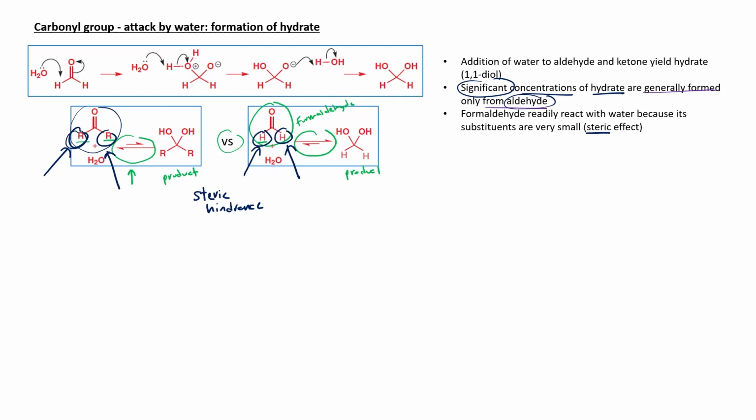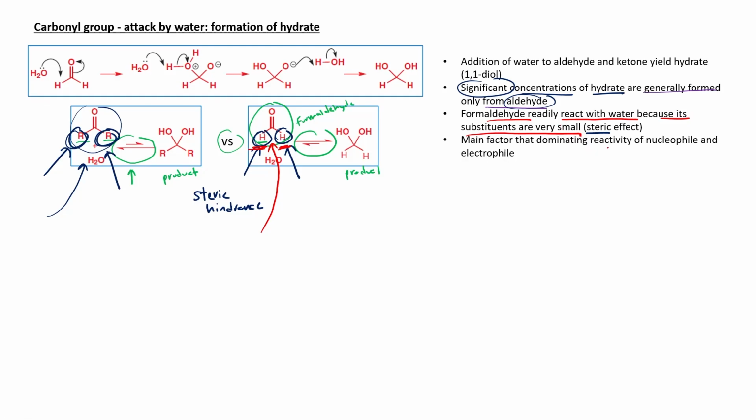For example, this R is bigger than the H, meaning the nucleophile can attack the aldehyde easily because it has a small substituent. The hydrogen is very small, so that's why formaldehyde readily reacts with water, because its substituents are very small.